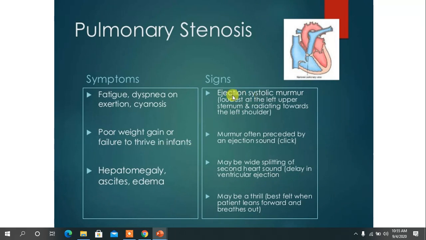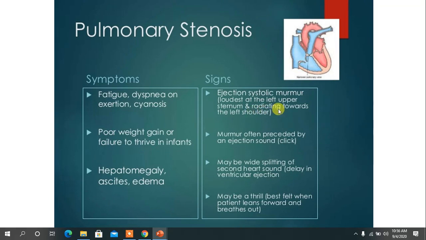So there will be an ejection systolic murmur, ejection, when the blood has to pass through a narrow passage during right ventricular contraction, that will produce an ejection murmur that will be heard more on the left, radiating towards the left shoulder.